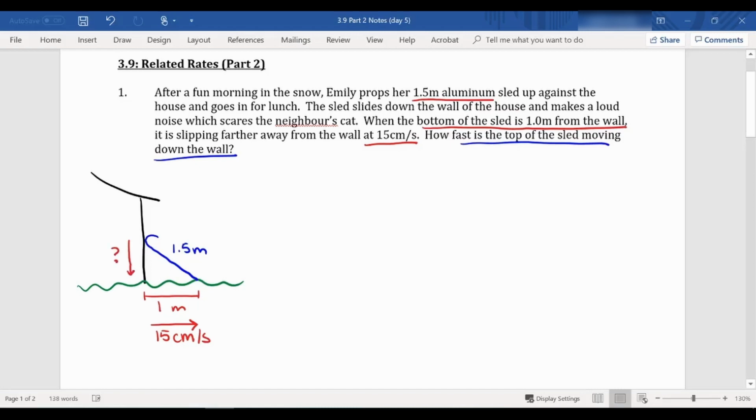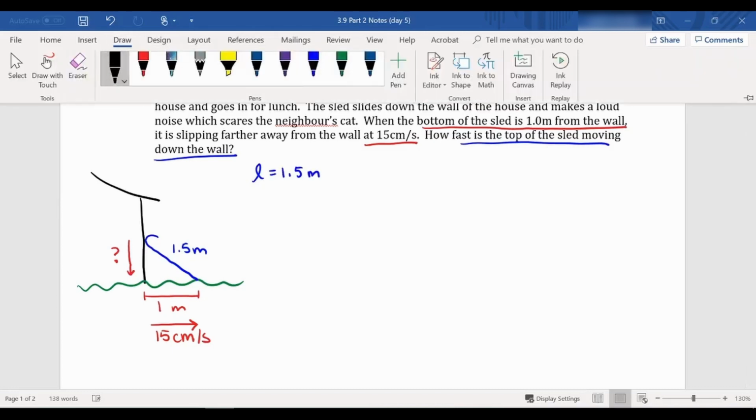If we think about this logically, this makes sense. If the bottom slides away from the wall, unless the sled is going to grow in length, the top must slide down the wall, right? So we know a couple pieces of information here. We know the length of the sled is 1.5 meters. Okay. I'm going to call the other sides x and y.